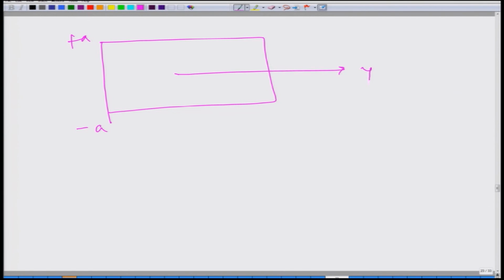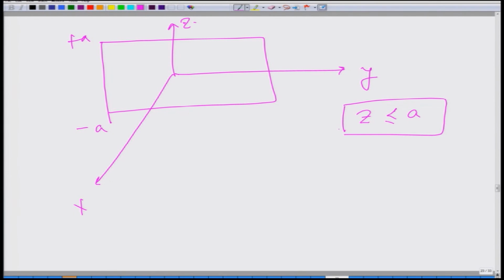Magnetic field inside the slab. Let us draw the slab again. This is plus a, this is minus a, this is my y axis, this is x and this is z. To find the magnetic field inside, let us take an Amperian loop inside this slab at height z and minus z.